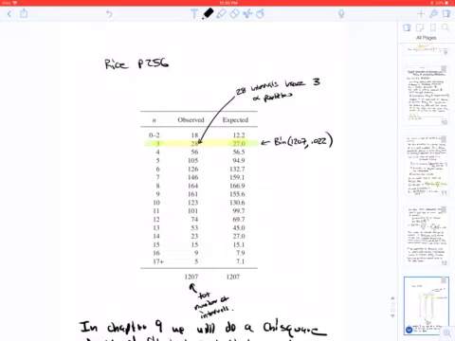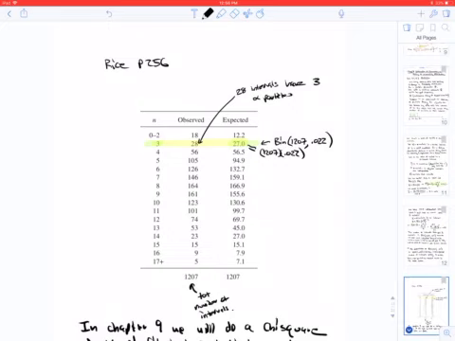And so the number expected here is the expectation of this random variable, which is np. So this is just 1207 times 0.022.